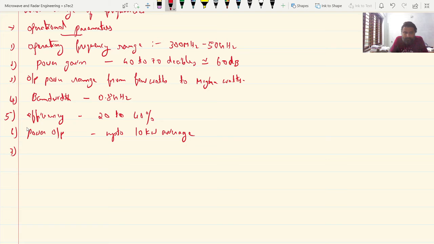The seventh point is power gain, which I already told you is 60 dB. So these are some of the operational parameters of the traveling wave tube in the introduction part.